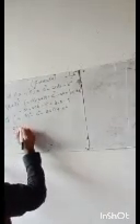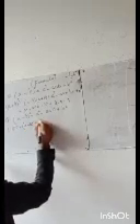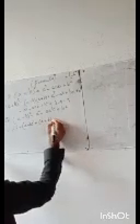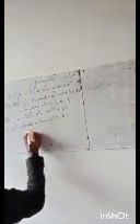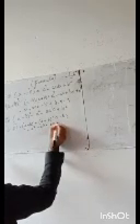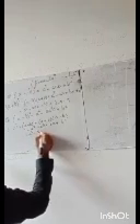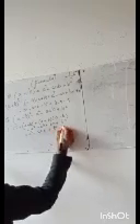Left hand side: a minus b square is equal to a minus b multiplied by a minus b, is equal to a square minus ab minus ba plus b square, is equal to a square minus 2ab plus b square, right hand side.